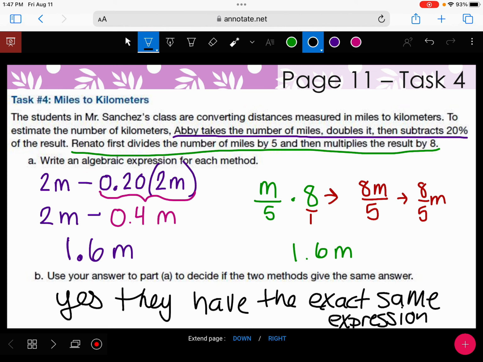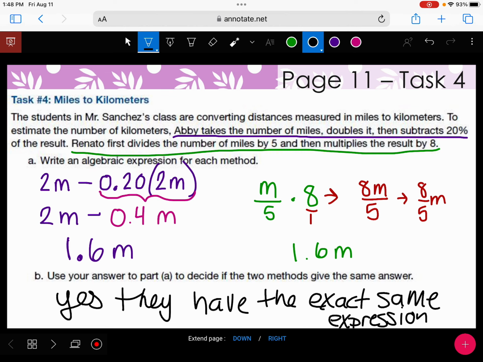It's the exact same expression when they simplify. So they have two totally different ways of thinking about it, two entirely different ways of starting out, and yet they're both right.